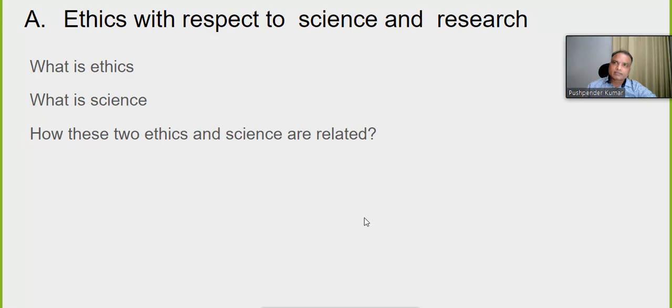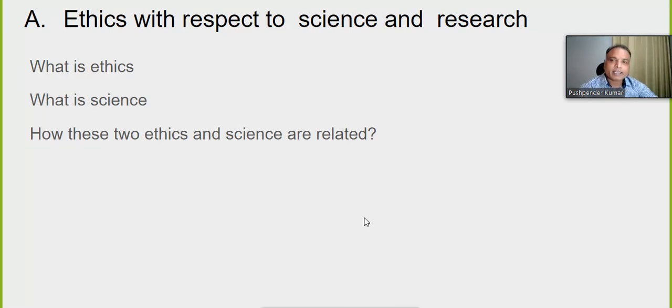What is ethics? These are rules and regulations which help us decide what is right and what is wrong. And you are all aware of what science is. Science is a systematic way of conducting research, a systematic way to find a solution to a problem. How are these two, ethics and science, related?